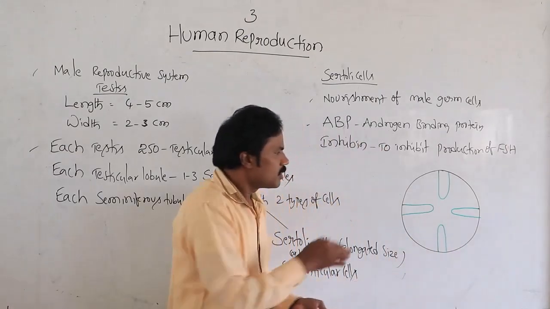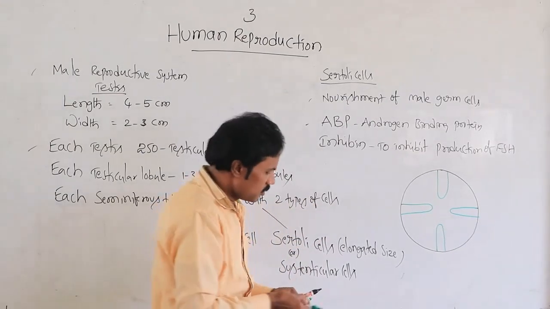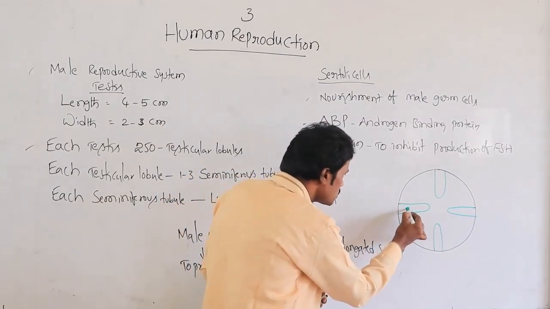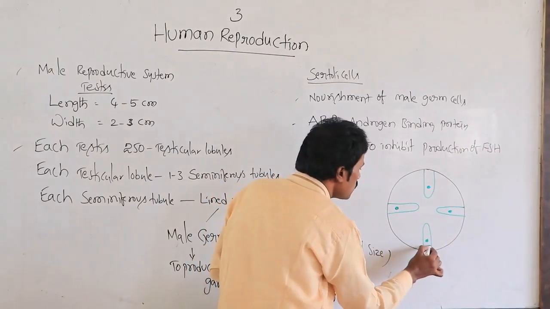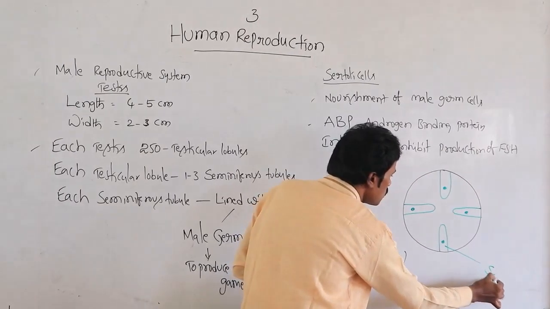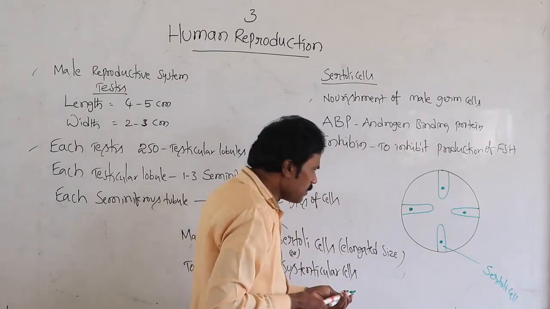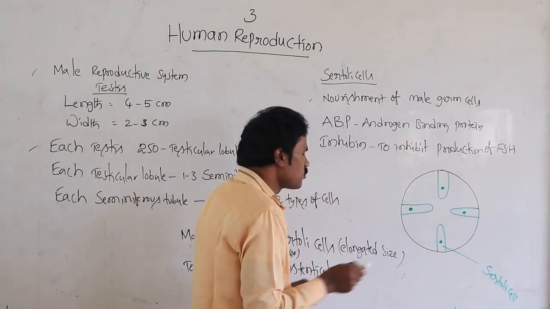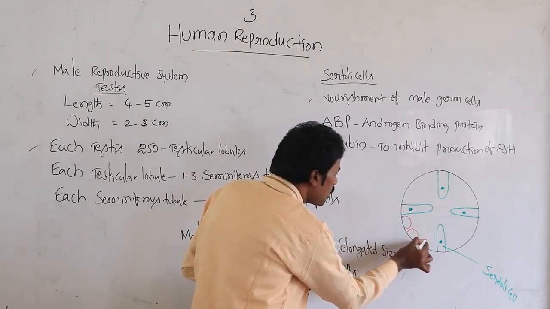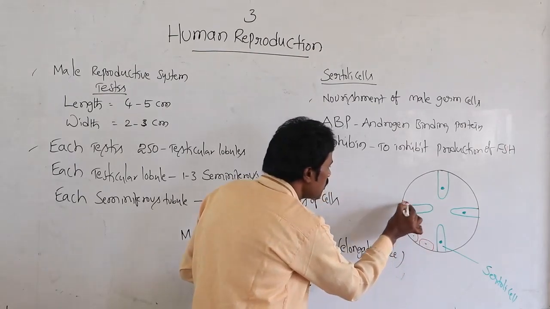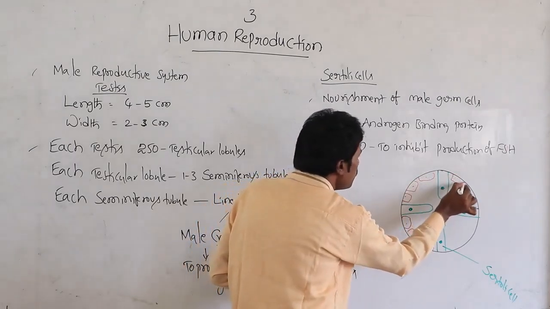If we observe the transverse section of the seminiferous tubules, this is a Sertoli cell. In between them is present the germinal epithelium, or male germ cells.